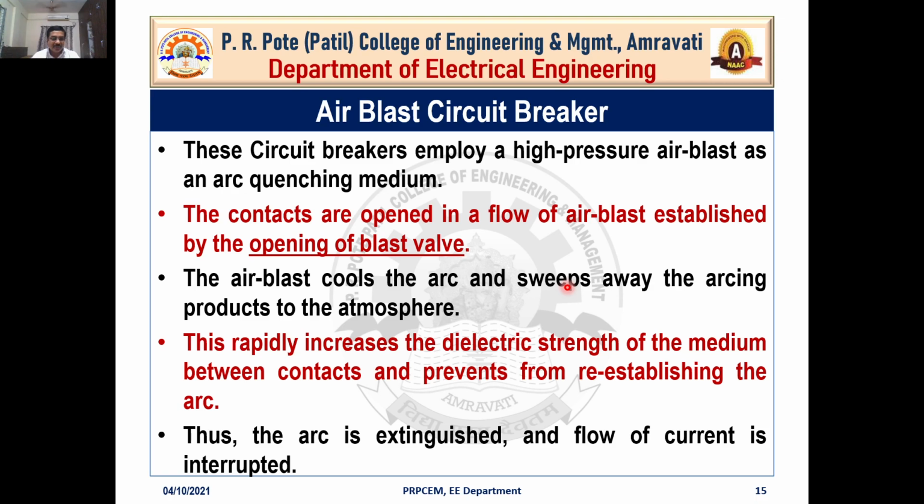That way we can establish a rapid deionization process in order to quench this particular arc. This will rapidly increase the dielectric strength of the medium between the contacts, and it will prevent the arc from re-establishing. So ultimately we are extinguishing this particular arc, and we are also interrupting the flow of current.